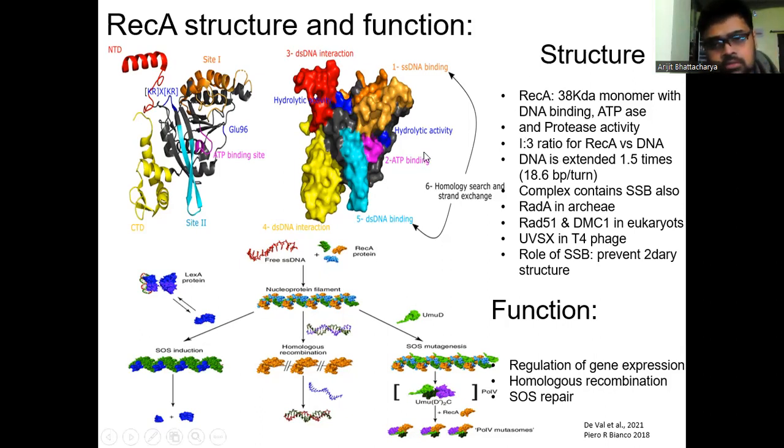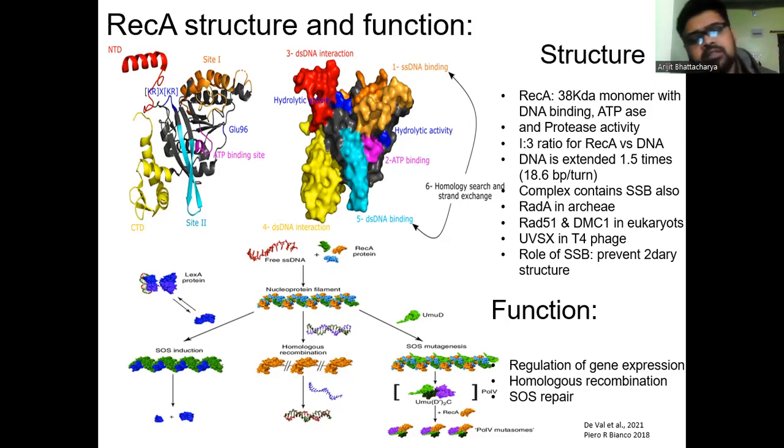When RecA forms a complex with DNA, SSB single-strand binding proteins are also found in that particular complex. So in Archaea, the ortholog of RecA is called RadA, and in eukaryotes, it's called RAD51 and DMC1. In T4 phage, the RecA ortholog is UvsX, so the names are different, but functions are more or less the same.